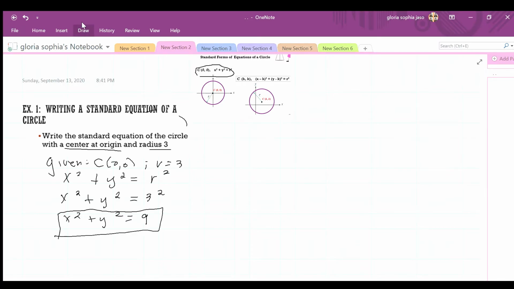So, magdodraw tayo ng x and y axis natin. So, center at the origin, let's mark our origin.